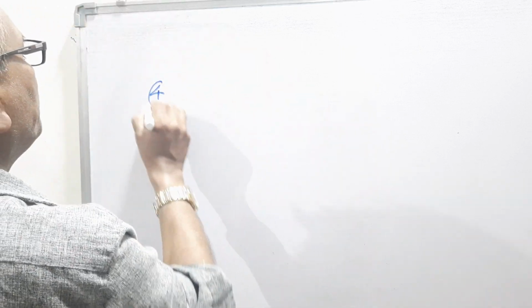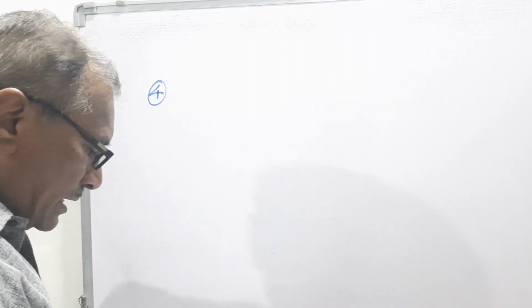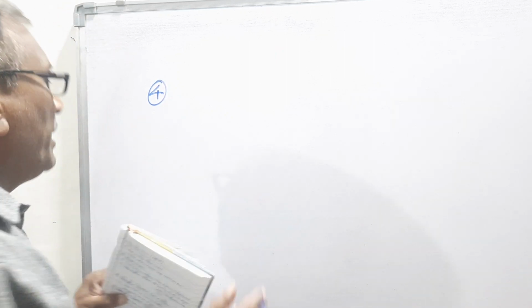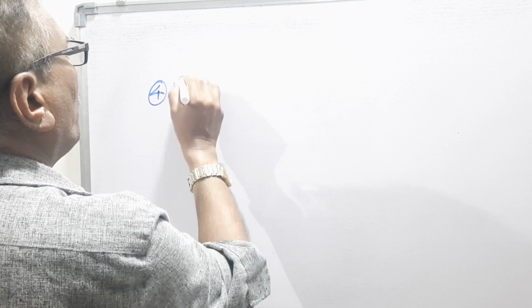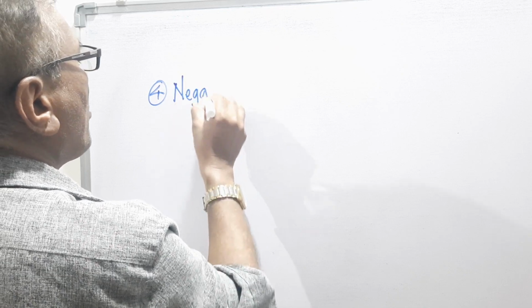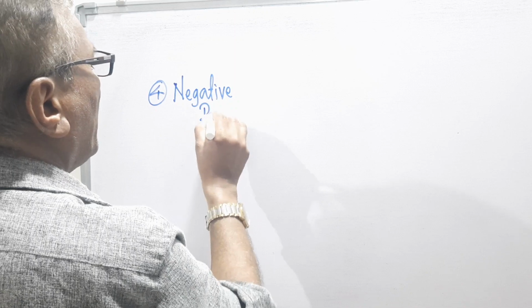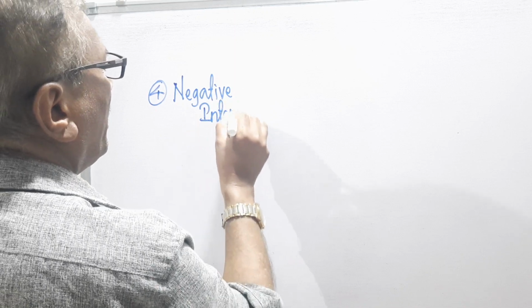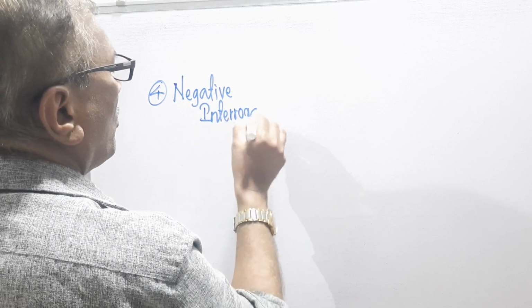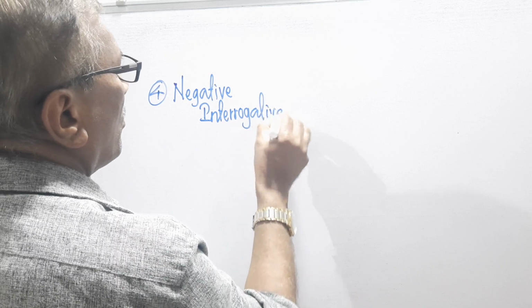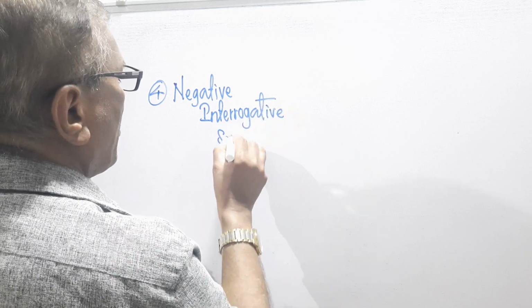So now the fourth structure we are discussing, and that fourth structure is the negative interrogative sentence.